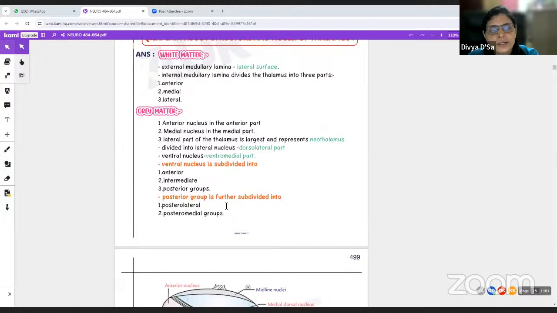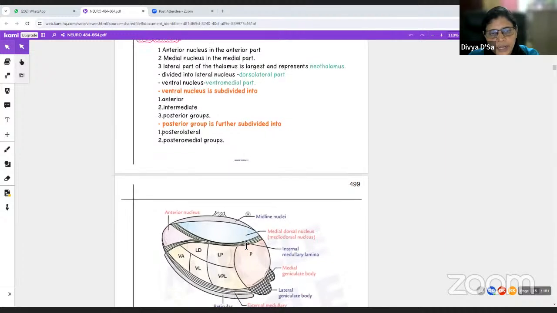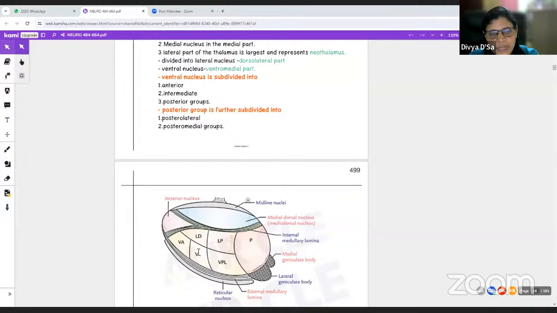Okay, gray matter. The anterior nucleus is situated in the anterior part. The medial nucleus is situated in the medial part, and the lateral part of the thalamus is largest, and it represents the neothalamus. It is divided into the lateral nucleus, dorsolateral nucleus, and ventral nucleus.